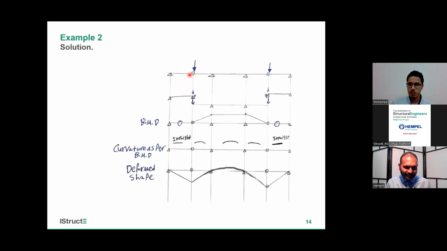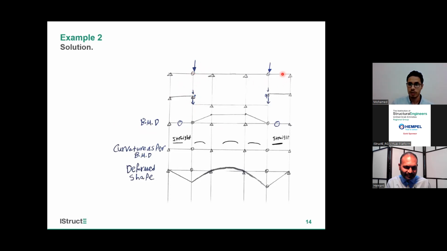Here we will start by drawing our bending moment diagram, so that we will know our tension part and our compression part, and through this we will then draw our deformed shape.